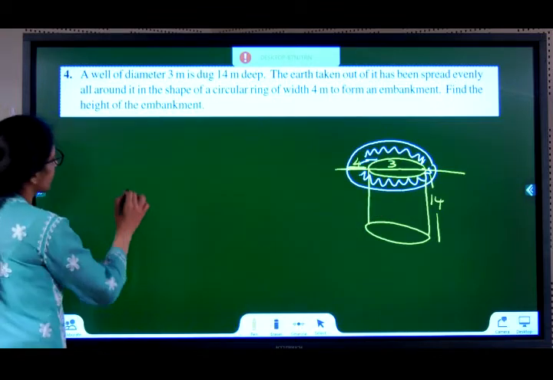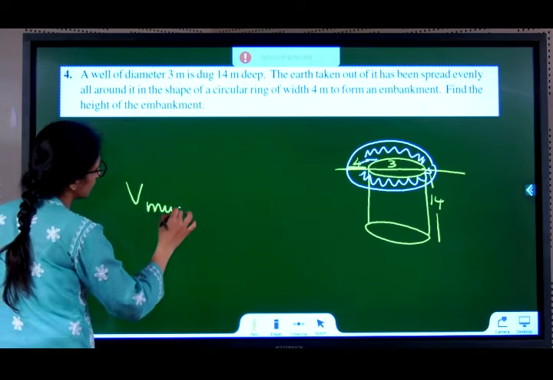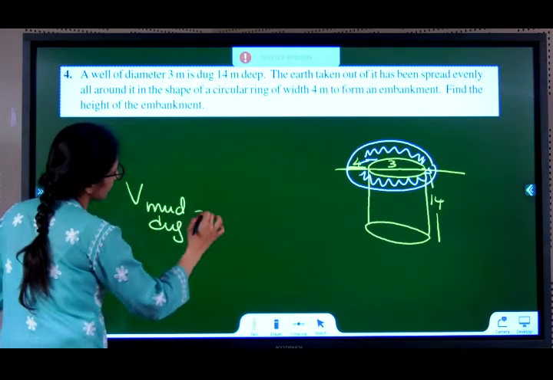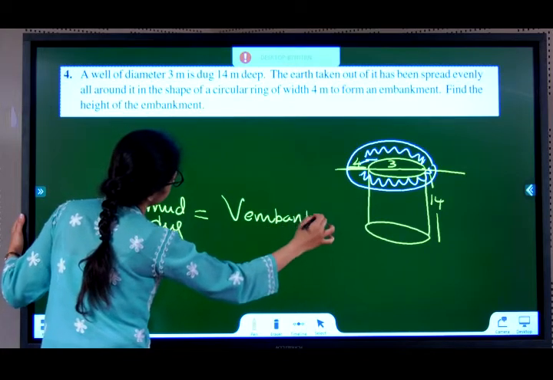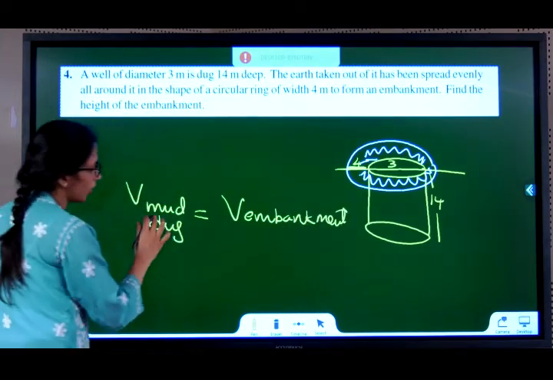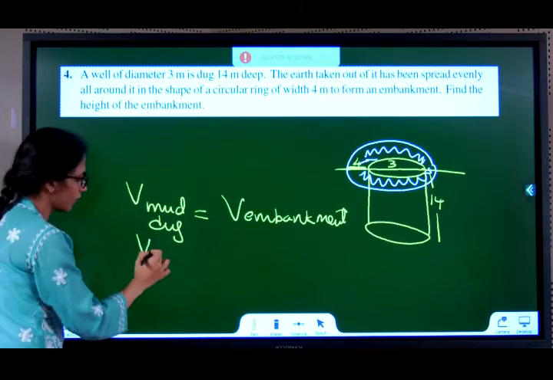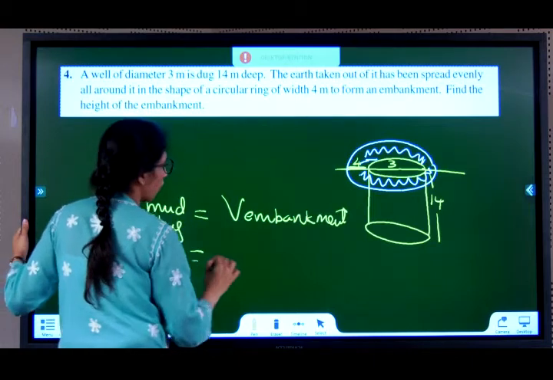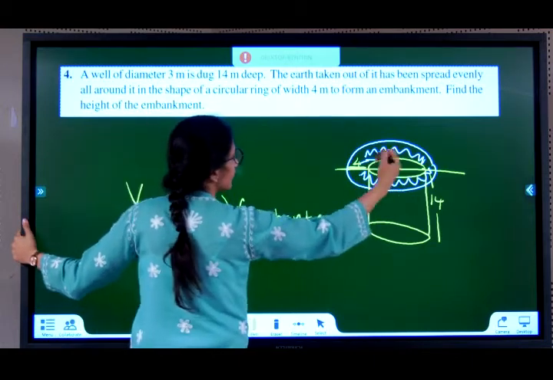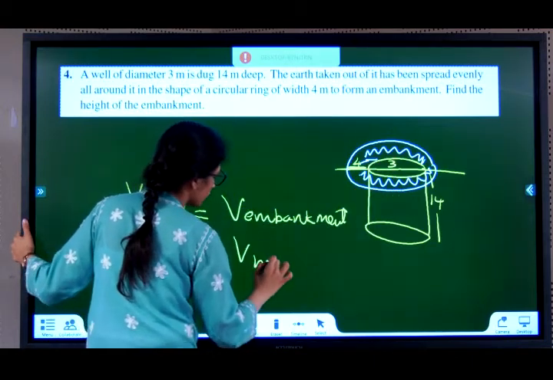So I can say volume of mud dug is nothing but the volume of the embankment. Volume of mud dug is nothing but volume of cylinder. This is a cylinder. Volume of embankment is nothing but volume of hollow cylinder.